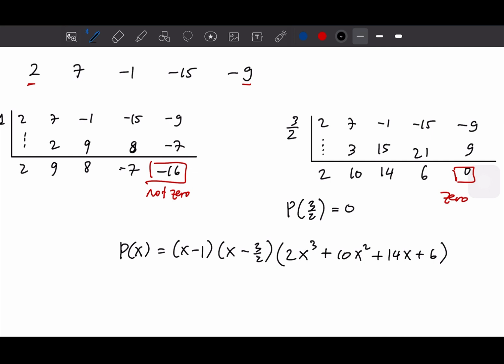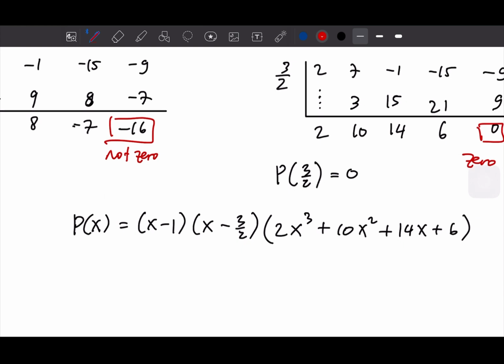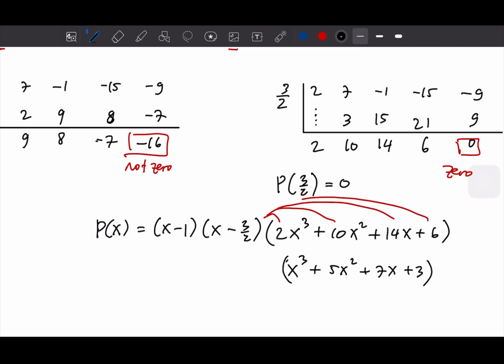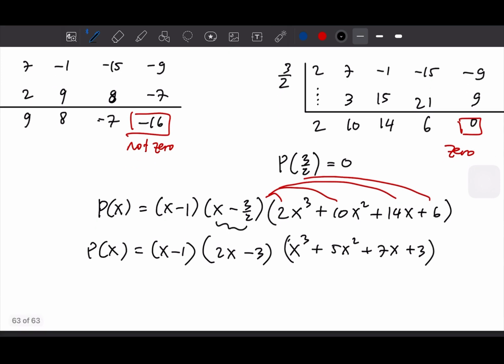We could try to multiply all by 2, or rather, we could factorize 2 outside. So we will have x cubed plus 5x squared plus 7x plus 3, right? And then the 2 will be multiplied to here. So 2x minus 3, right? So we get it right also like that, to make it cleaner and okay to further investigate.